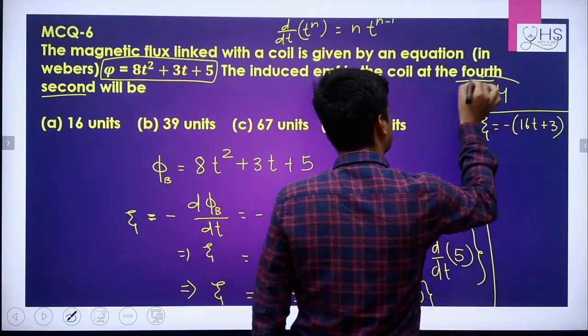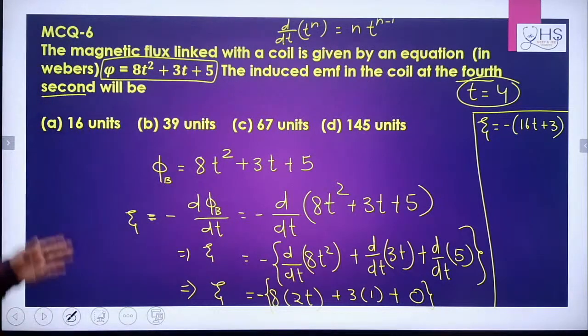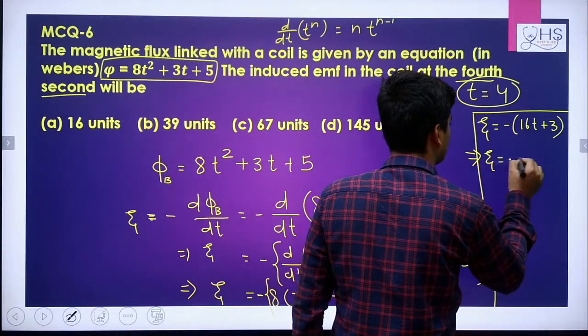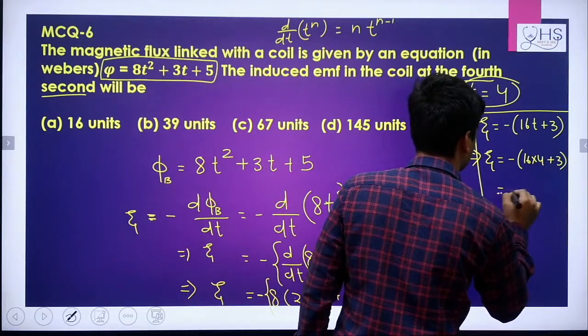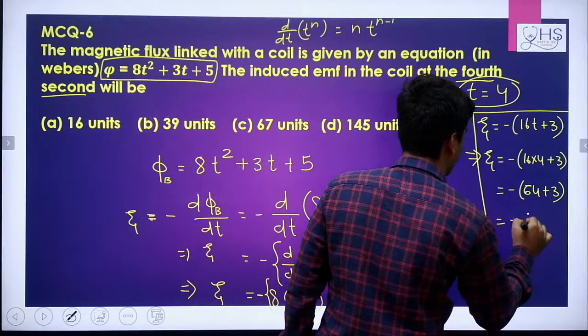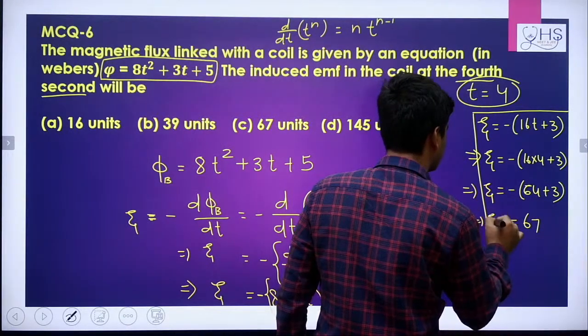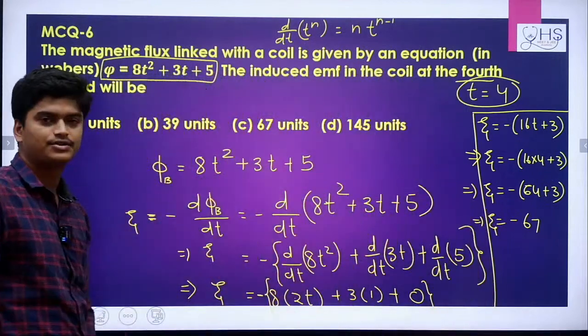But they asked, at t equal to 4 seconds, what is the EMF? So now you can substitute the value of t here. EMF equals minus 16 into 4 plus 3, minus 64 plus 3, that is minus 67. So my EMF is minus 67, but here minus is not given, that means they have taken it in terms of magnitude.